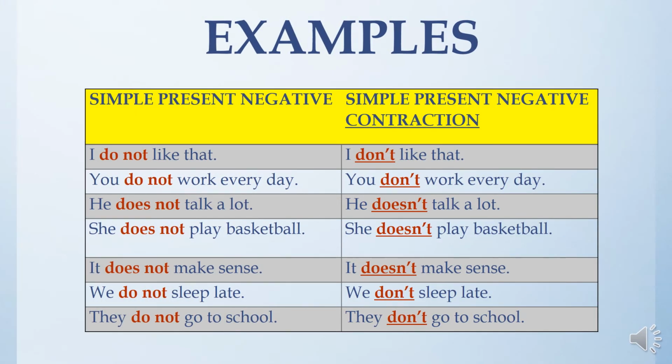So here we have some examples. We have the simple present negative without contractions. I do not like that. That turns into I don't like that. You do not work every day. You don't work every day. He does not talk a lot.